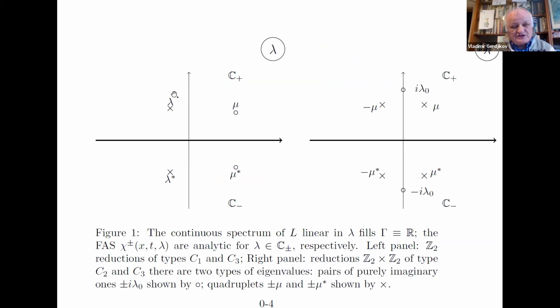For the nonlinear Schrödinger, we can have only such complex conjugated pairs of eigenvalues. And if we put additional reduction, for example, that Q1 is real, then we can have this more complicated situation. The eigenvalues that are in pairs are purely imaginary, and the other more general eigenvalues are in quadruplets. This happens for the Sine-Gordon equation, for example.